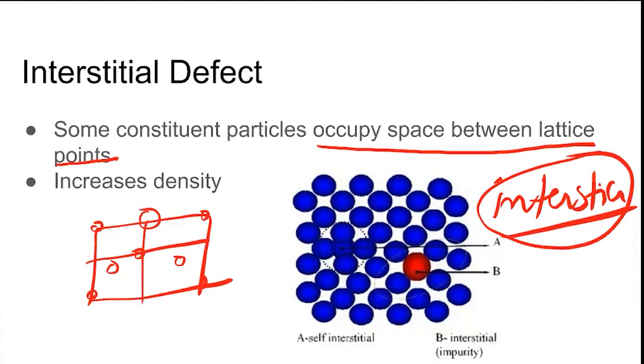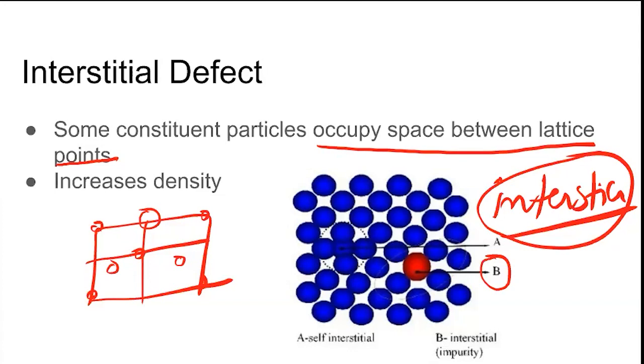So see, all these blue atoms, and this is a space in between. So this atom B, a foreign atom, has occupied this space. This B need not always be a foreign atom. It can be the same atom which has moved from its original position to that point. This atom can be of the same molecule, or it can be from another molecule also.